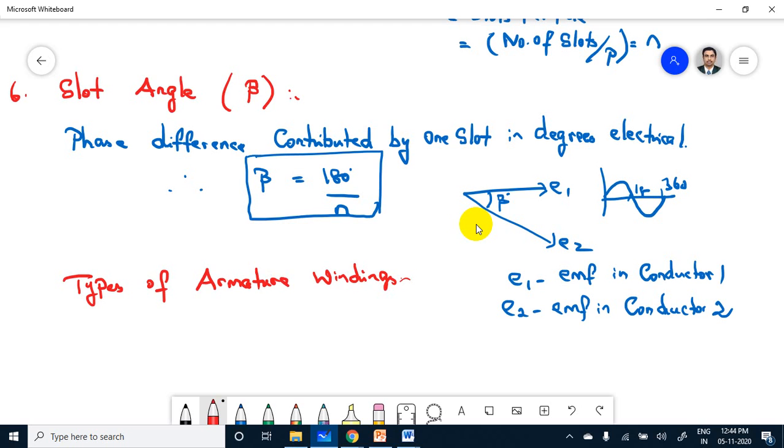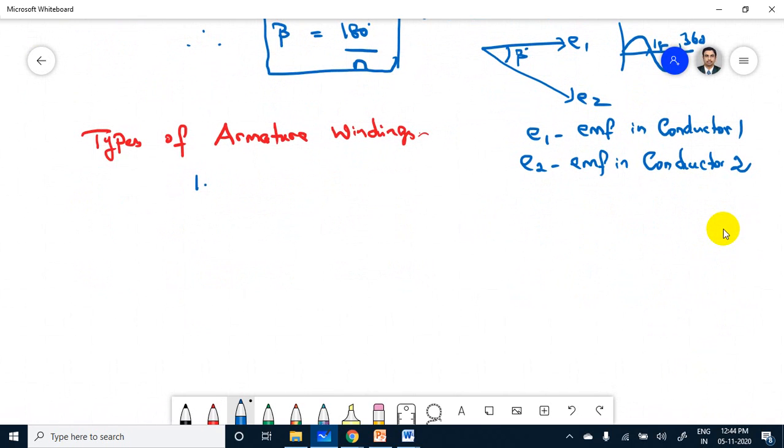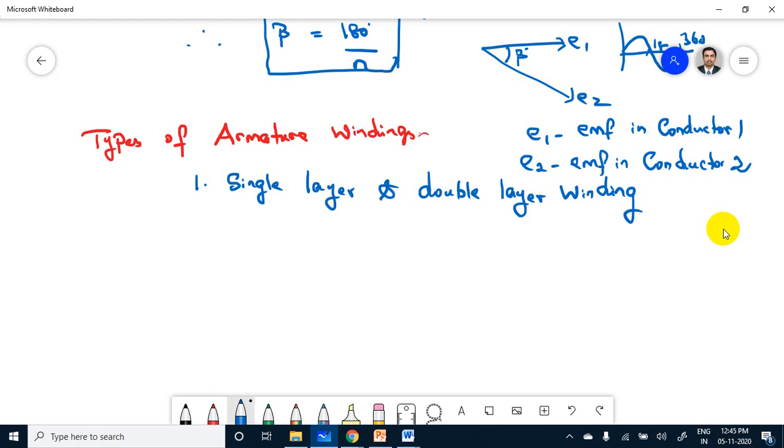There are three types available. The first type will be single layer and double layer winding.